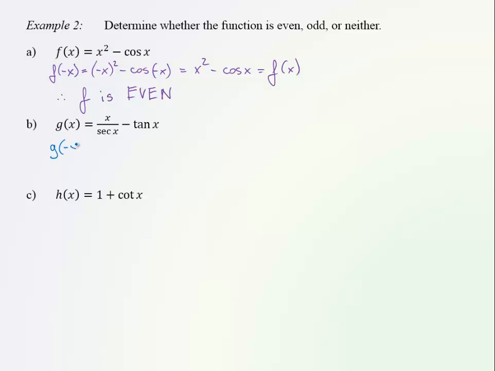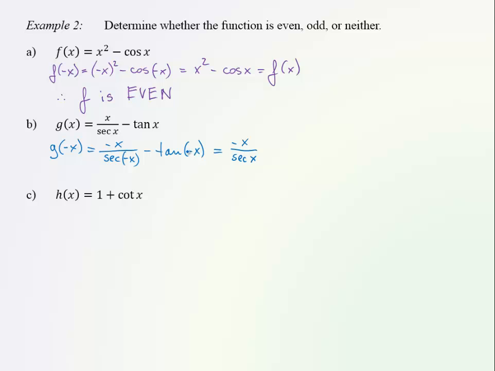So that's even. Let's do the same with g. Calculate g of negative x. It's negative x over secant of negative x minus tangent of negative x. Okay, secant is a reciprocal of cosine, and cosine is even. Therefore, we can neglect this minus, and that's the same as negative x over secant of x.